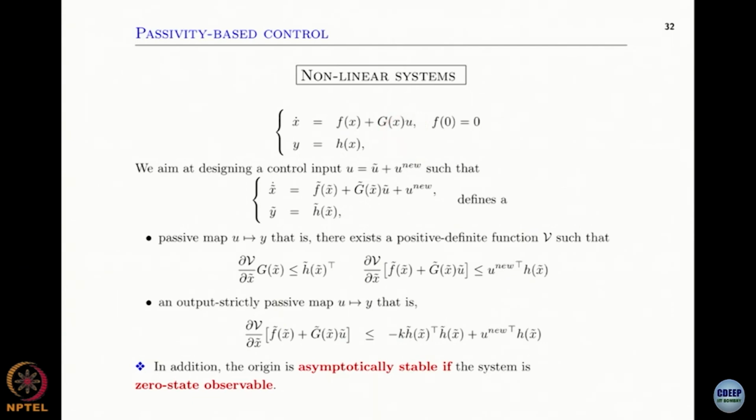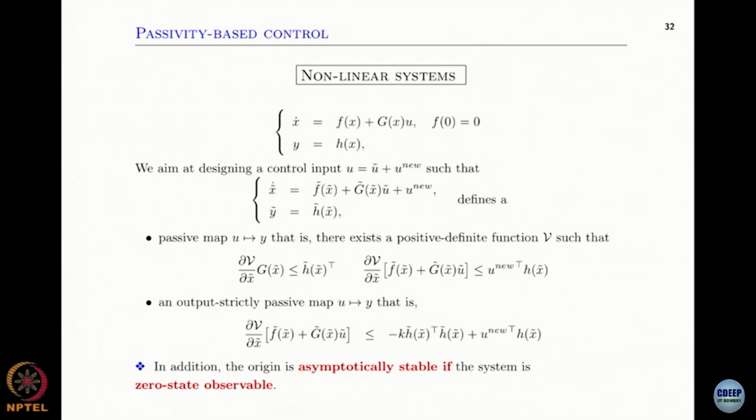U should have one component that makes the system passive, and another component that we are going to call U tilde, like I did for the circuit. You need a new input from which you define your passive map. Otherwise, if you close the loop with some function of the state, there is no new input, and then you cannot speak about passivity.